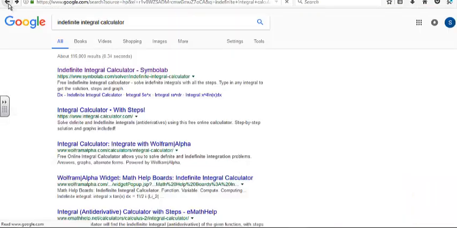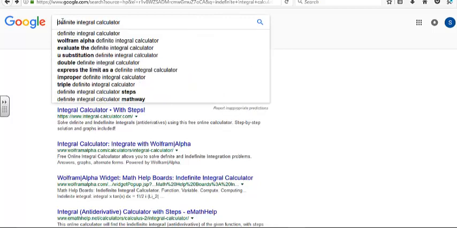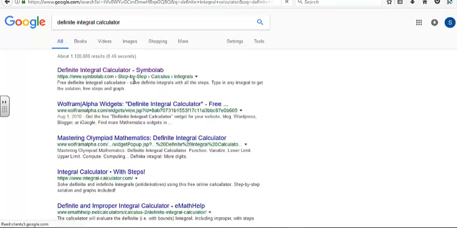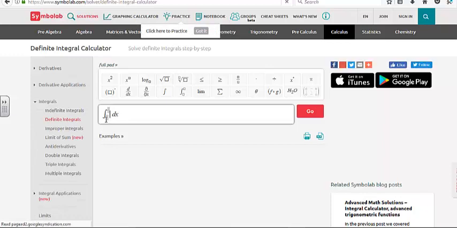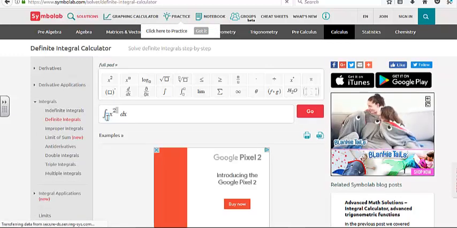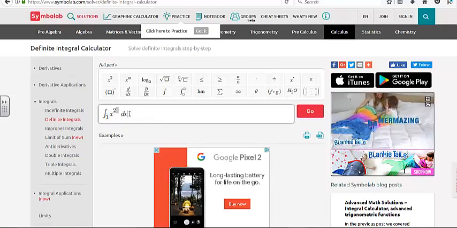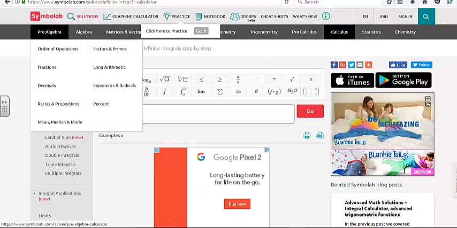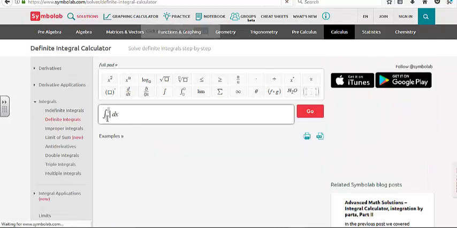If we go back and we put in definite integral calculator, there's the definite integral calculator, and you'll notice it has little boxes. So if I put in x squared and I put the integral from 1 to, and yeah, something's happened here. Let's redo this. I guess they want you to put the limits in first. Okay, so I'm going to put the limits in first.